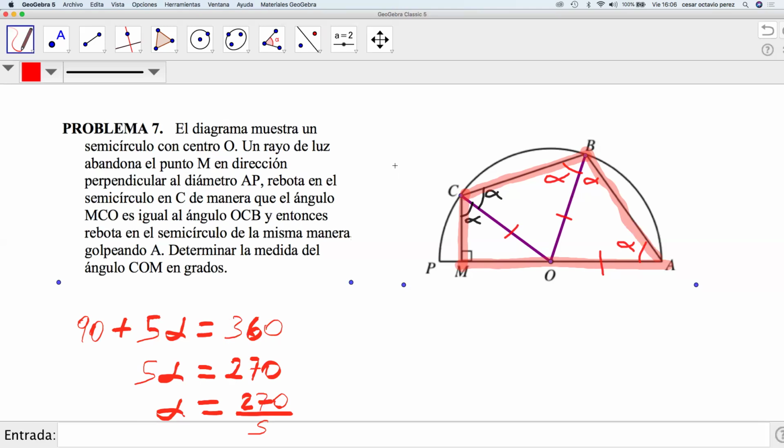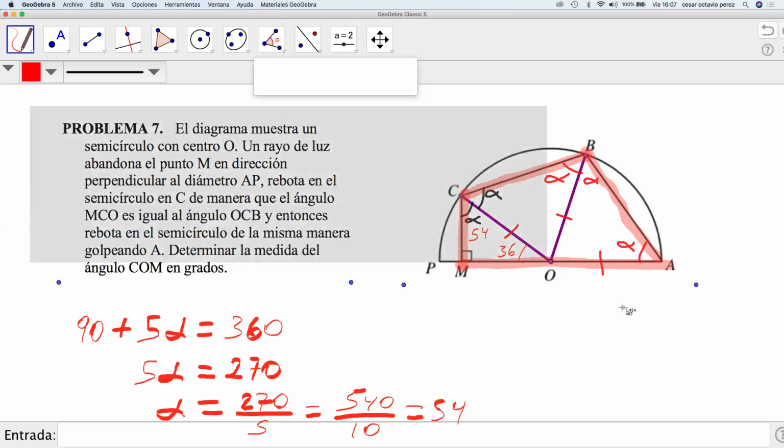This is the same thing. Yes. If this is 54, this will be 36. Okay. Listo.